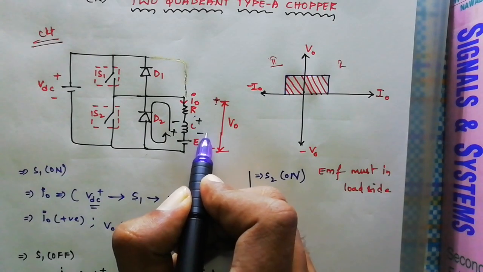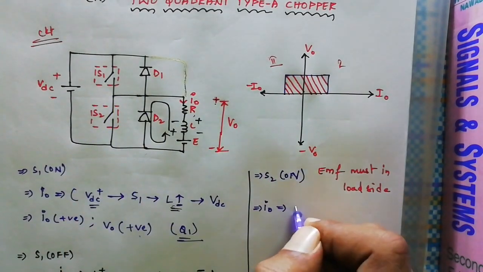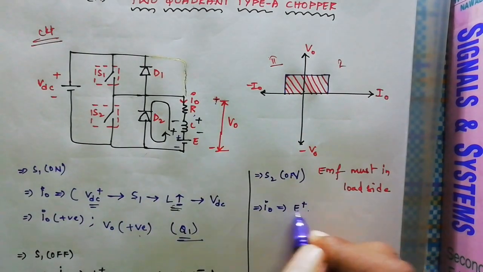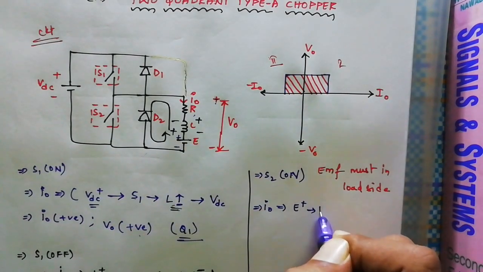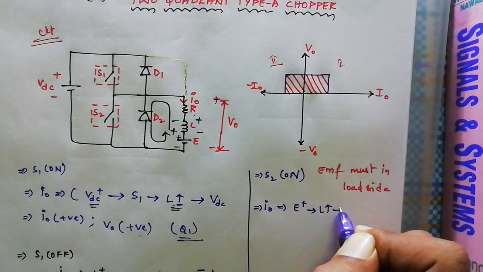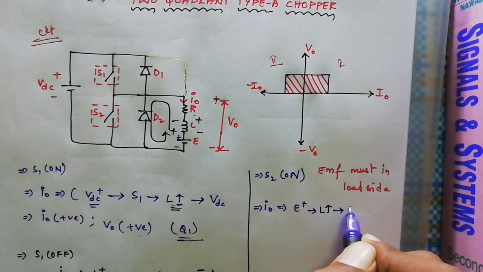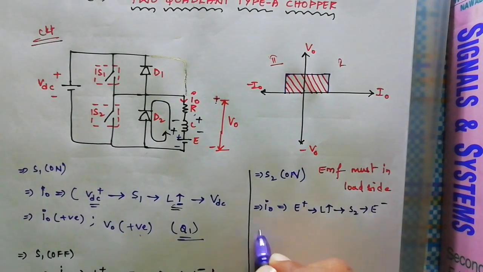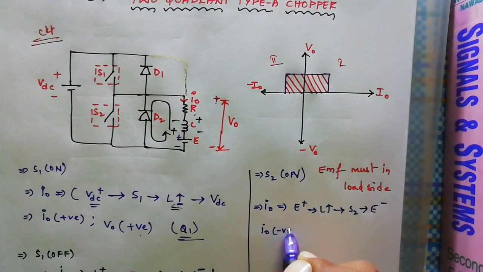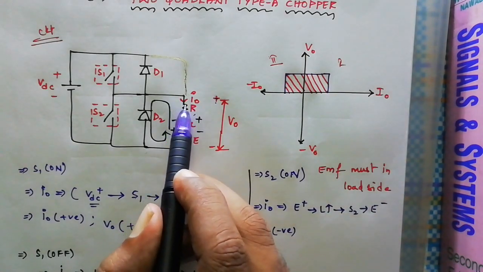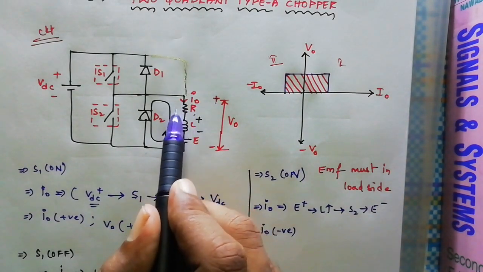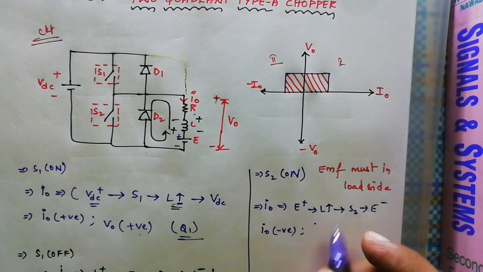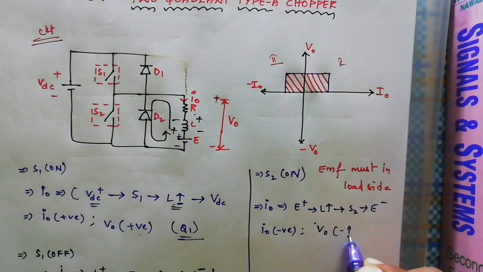My current flows from the E plus terminal to the inductor, where the inductor is getting charged, then to S2, and from S2 back to E minus. Here I0 is reversed, because my assumed direction is this way and the actual current is the other way. So I0 is negative, as there is no VDC term, and I can't say the output voltage polarity yet.